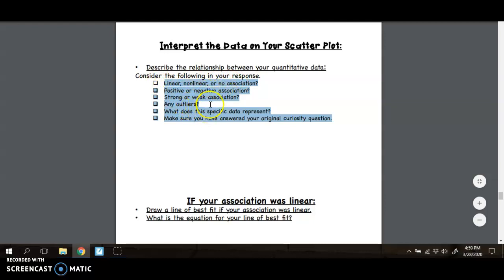So where are your outliers? What point is your outlier? Maybe it's at 5, 10. Okay, tell me that. What does your data represent? Okay, and did you answer your original question? So that original question in this case was, does study time affect your test scores? You need to answer yes it does or no it doesn't based on whatever your question is.